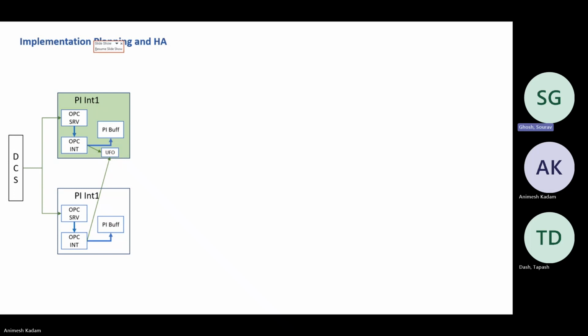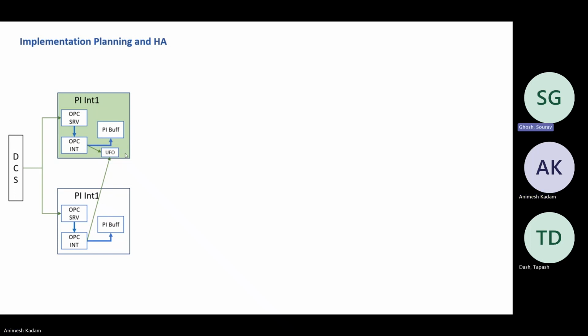Can that file configuration be done anywhere between the two interfaces, or outside of these interfaces as well? No, it should be done on one of the interfaces. Is that a different service, or a different installation you have to do for this UFO file? It gets created automatically. It will only ask you for the path.